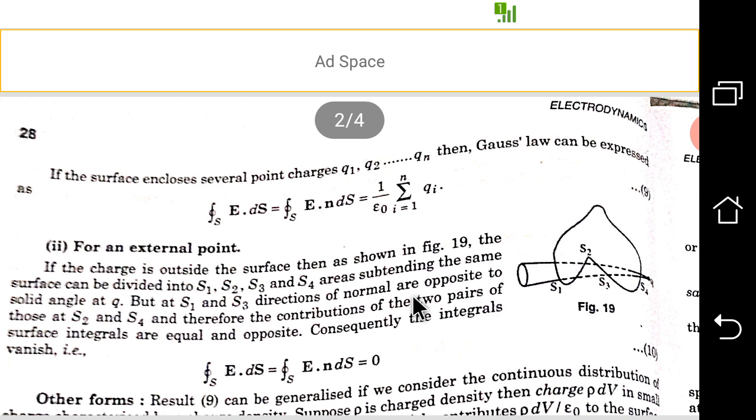If the charge is outside the surface as shown in the figure, the surface can be divided into many parts: surfaces S1, S2, S3 and S4, subtending the same solid angle. This is the solid angle which is the same.